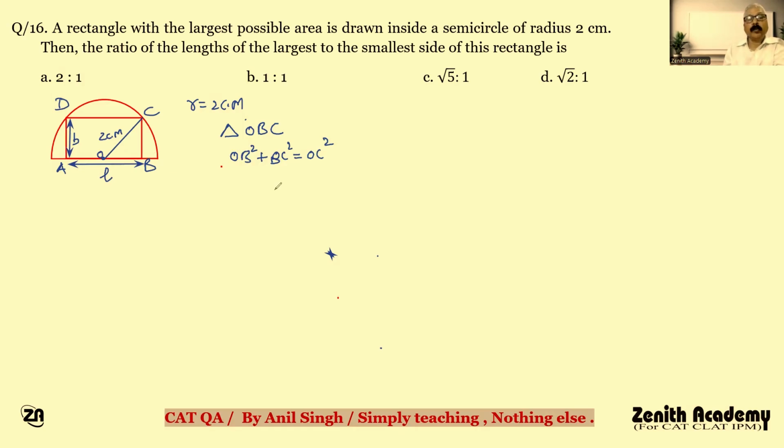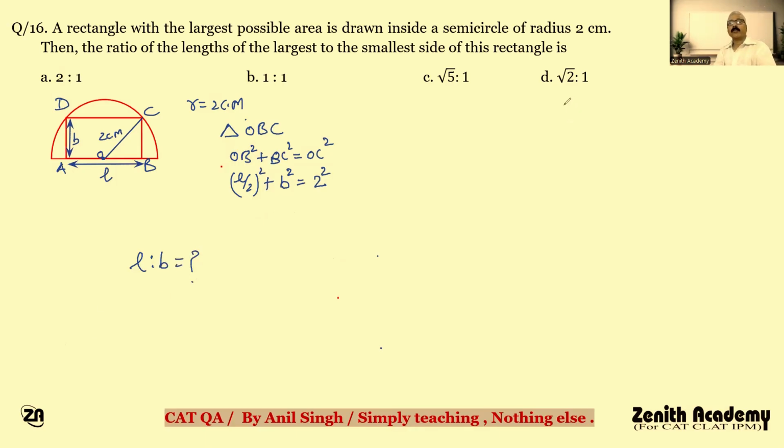So this OB is going to be L by 2 whole square, and BC will be B square, and OC is 2 square. So now L by 2 whole square plus B square is equal to 4. Okay, we have to find the ratio between L and B. This is our question.